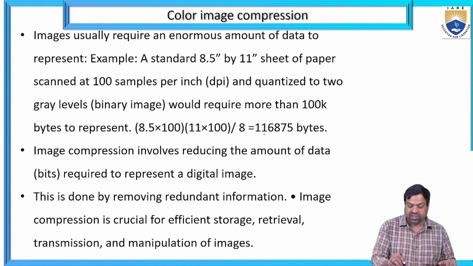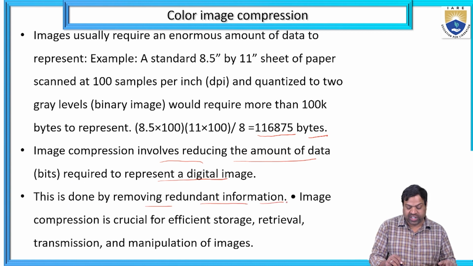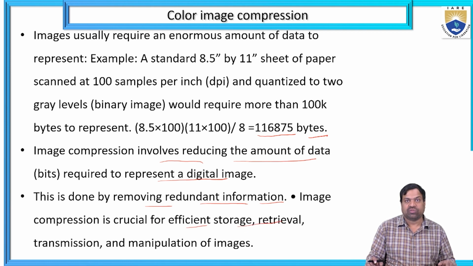That is 1,16,875 bytes I need. So image compression involves reducing the amount of data required to represent a digital image. This is done by removing redundant information. Image compression is crucial for efficient storage, retrieval, transmission, and manipulation of the image.